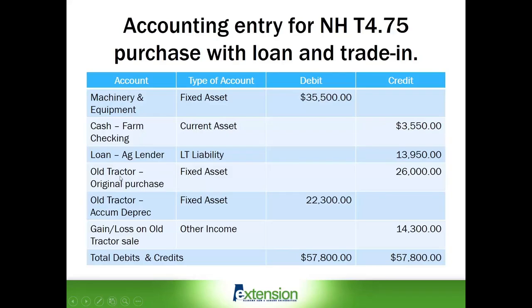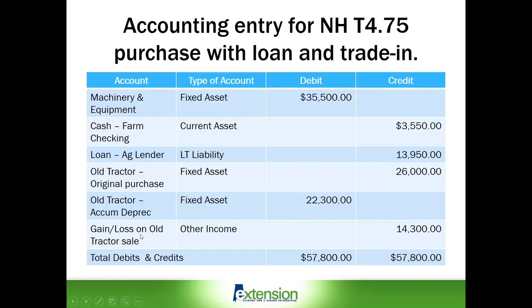$13,950. Then we have the old tractor original purchase, and the old tractor is on the fixed asset schedule, and that old tractor is credited for $26,000, which was the original purchase price. Then we debit the accumulated depreciation for the old tractor, which is also a contra fixed asset, with a debit of $22,300.